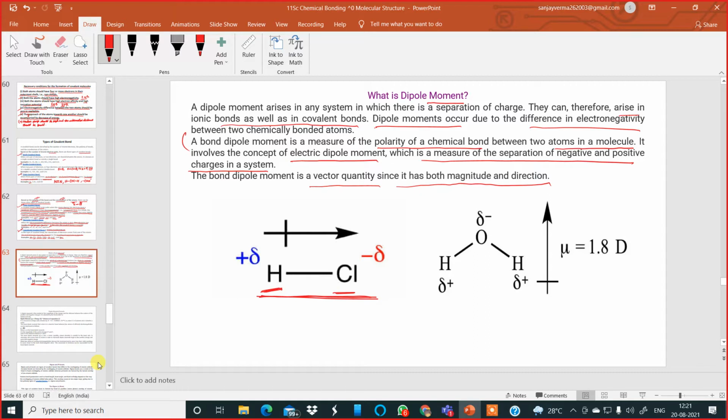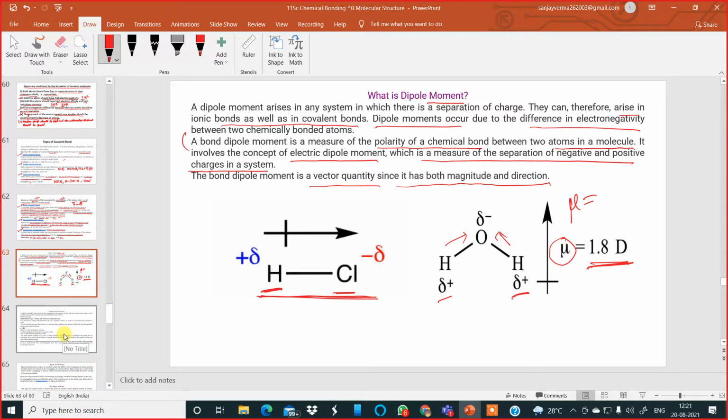It has a direction from the positive charge atoms towards the negative charge atoms, and it has a magnitude also. The unit for measuring dipole moment is the debye. Mu is the symbol to represent dipole moment in this chapter.